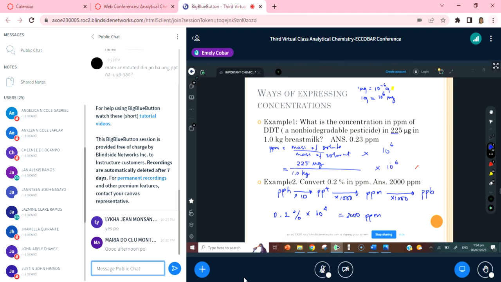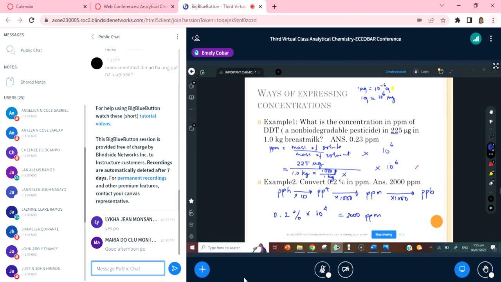Okay, so 1 kilogram, how do we convert this to microgram? Kasi wala naman direkto, di ba? So, 1 at a time. So, kilogram to grams muna tayo. We know that 1 kilogram is equivalent to 1,000 grams. Okay? Now, next.